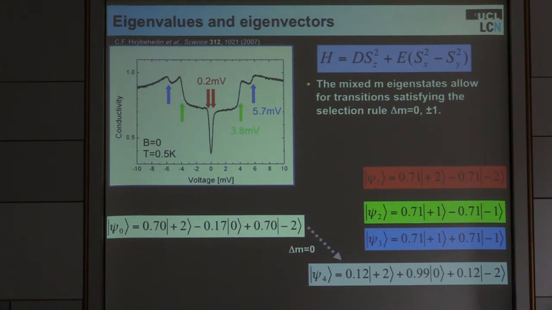And then the third transition would be to a state where there's mostly spin 0, and then there's really not going to be very much overlap. The thing we would really like to do to connect these is a delta M equals 2 transition. That doesn't seem very likely if we have a single electron doing this. So probably it's going to be a delta M equals 0 transition, and then there's just not going to be very much overlap over here. And indeed, just from that qualitative picture, you can see that you would expect these 3 excitations to be strong and the fourth one to be very weak.